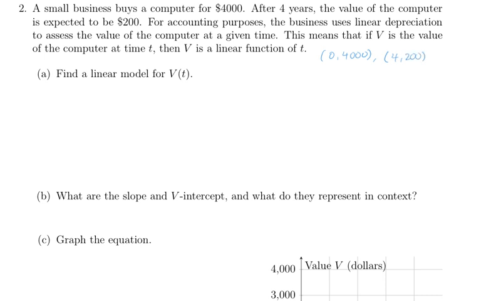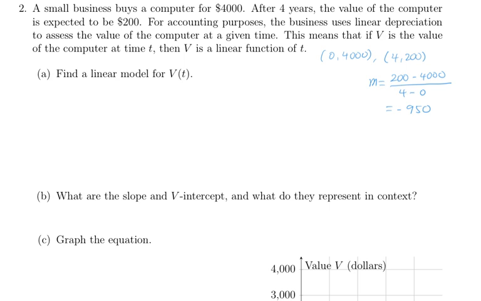Okay? So then you need to find the slope first, which will be 200 minus 4,000 divided by 4 minus 0. And this is minus 950 once you simplify. Is that okay? So far so good?